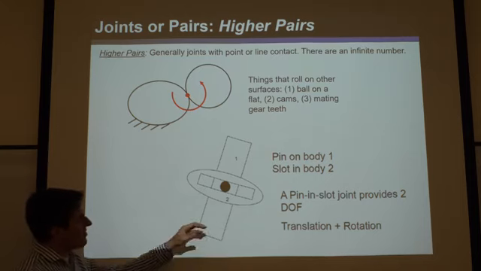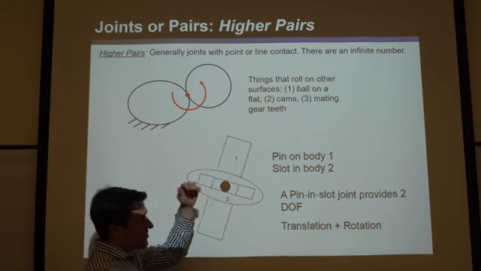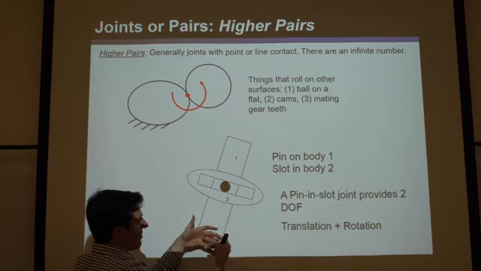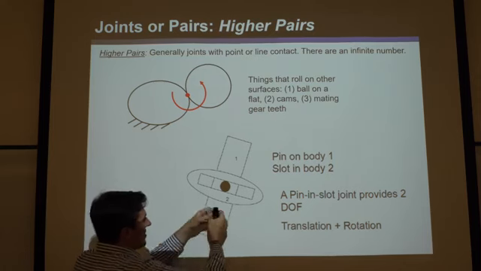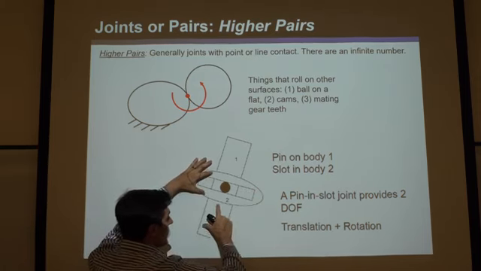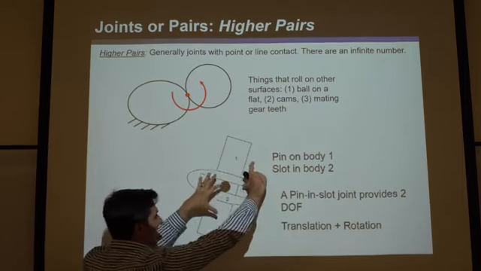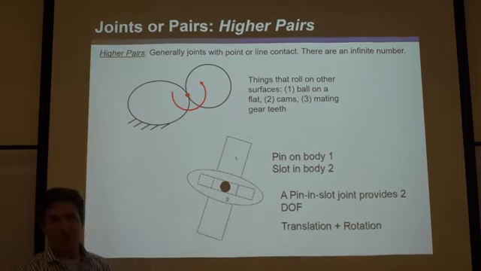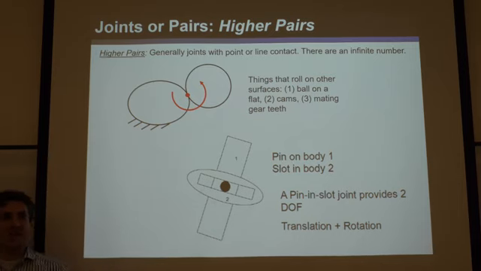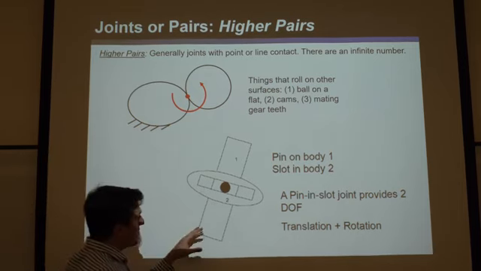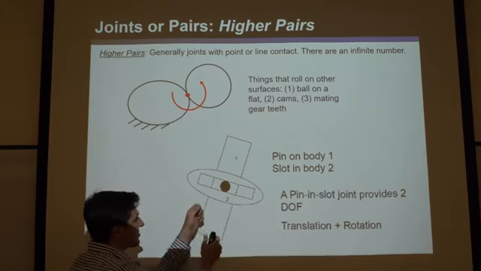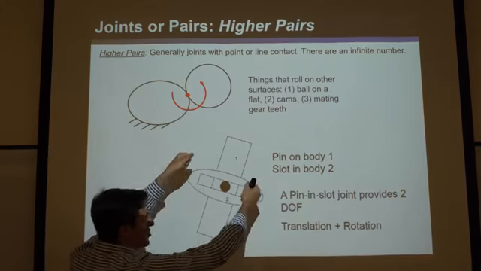And when you're analyzing the degrees of freedom, there's two ways you could do it. If you consider it just a planar thing, which is shown here, then it has 2 degrees of freedom. You can imagine if I hold 1 fixed, this could translate in the slot, and it could also rotate. Those are the only 2 degrees of freedom in the planar case. Now, if it's a non-planar case, if it's a 3-dimensional thing, then you could pull it out toward you.